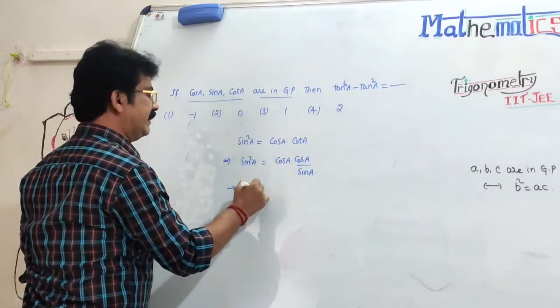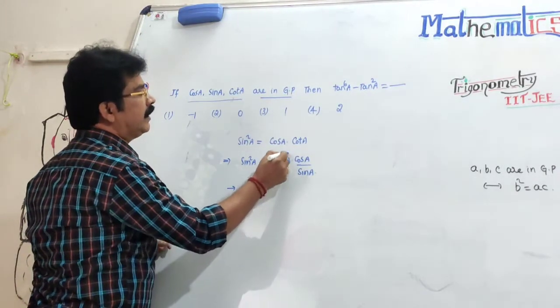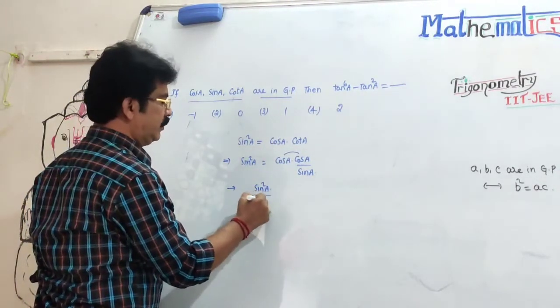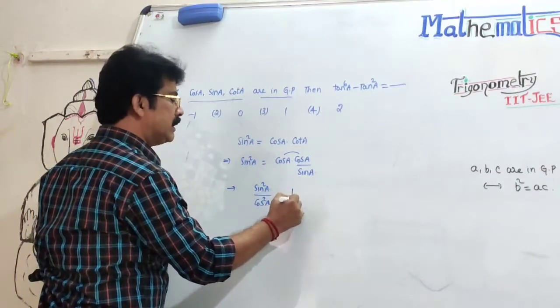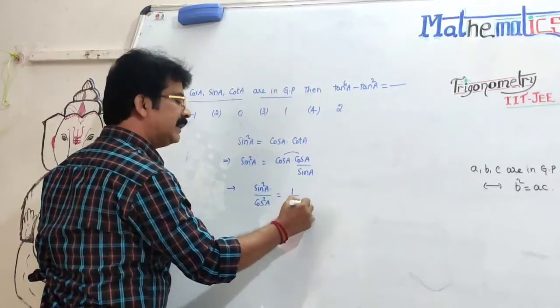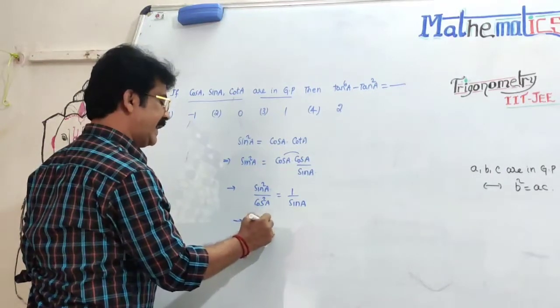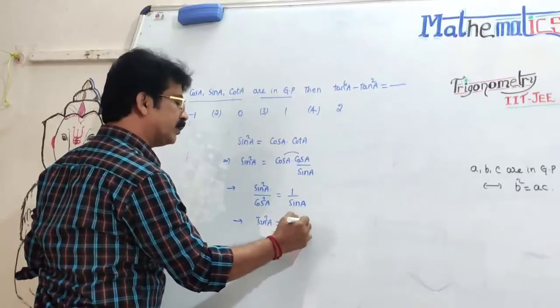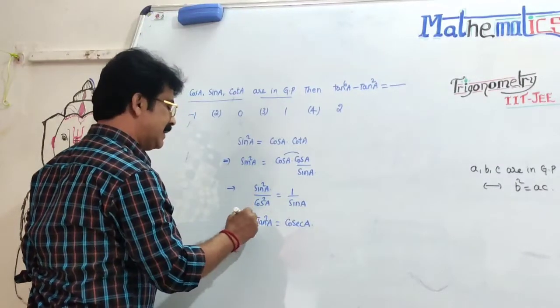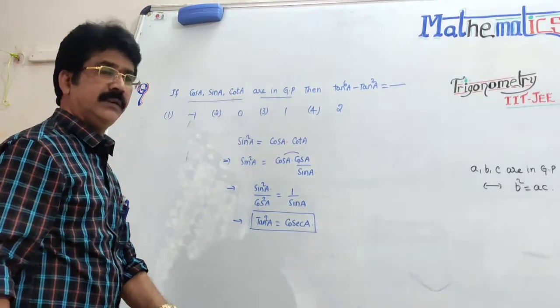So that implies sin square a is equal to cos square a by sin a. So we can write sin square a divided by cos square a equal to 1 by sin a. So this is tan square a, that is equal to cosecant a. This is tan square a is equal to cosecant a.